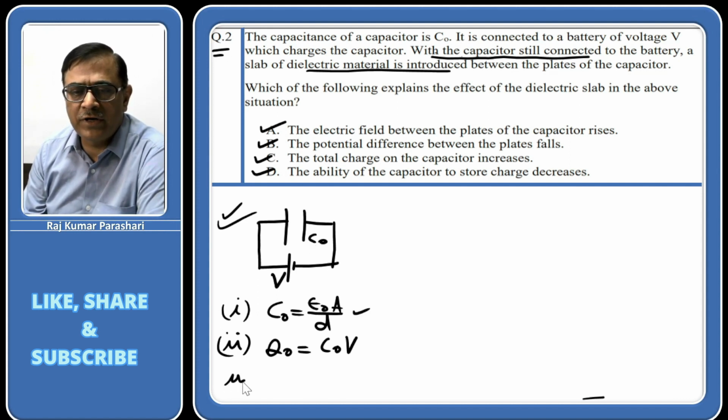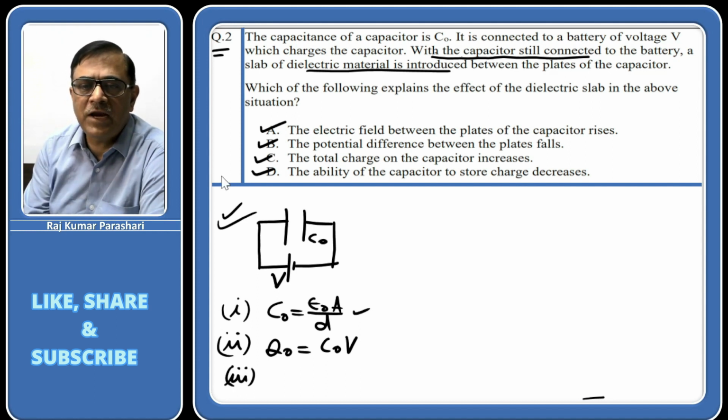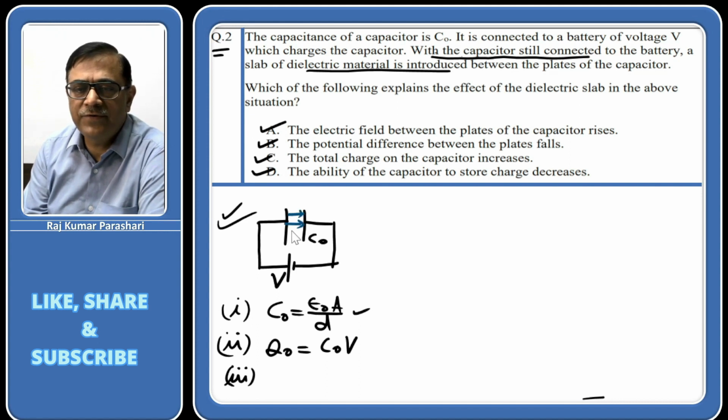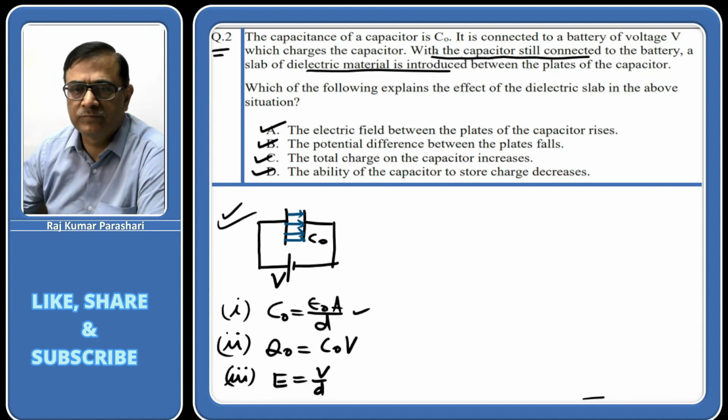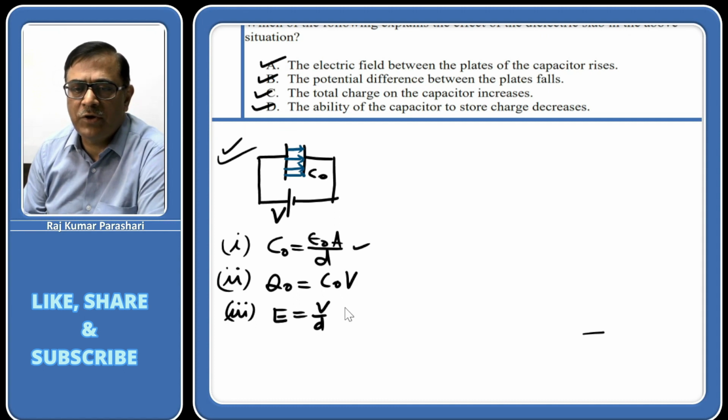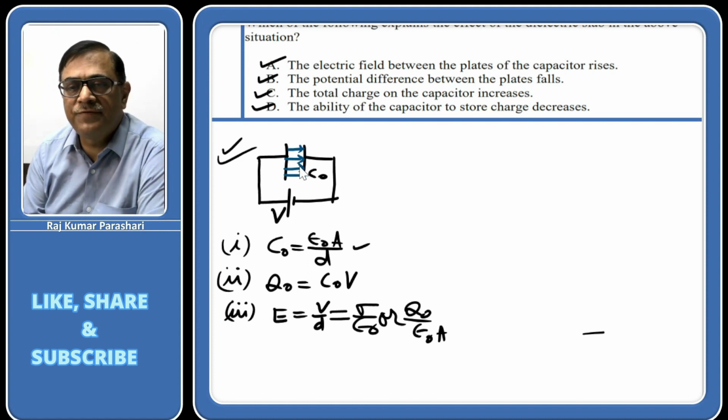And the third point, the electric field in between these two parallel plates is given by the expression E is equal to V by D. If you want, you can also write this as sigma by epsilon naught or Q naught by epsilon naught A. When the capacitor is filled by a dielectric of dielectric constant K while this battery remains connected, let's see how these 3 factors change.